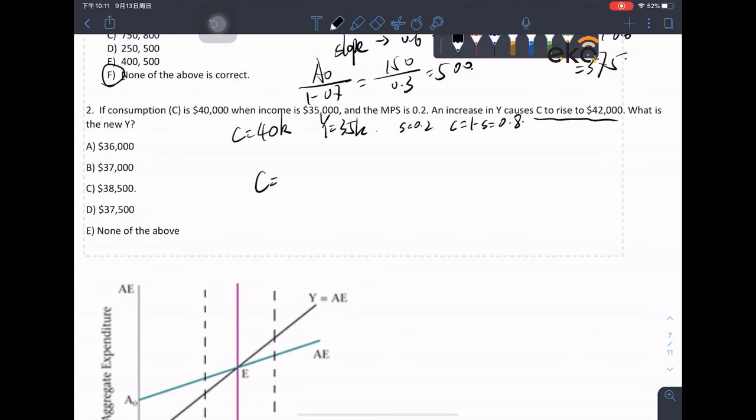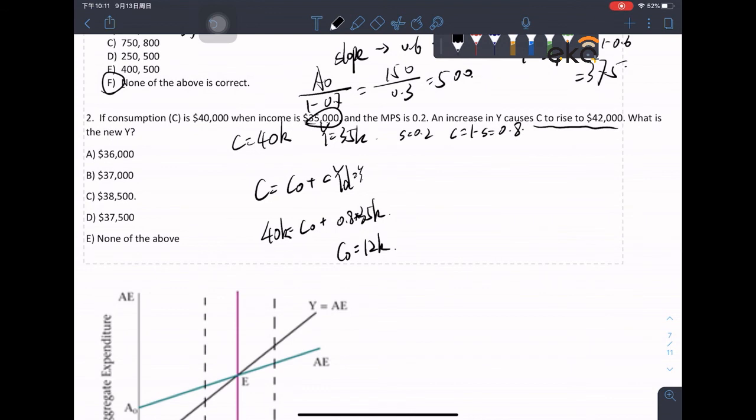C equals C0 plus small c times Y. In this chapter, there's no government, so YD equals Y, okay? So C, which is 40K, equals, when income is this amount, C0 plus 0.8 times 35K. Then we have our C0, which is 12K.